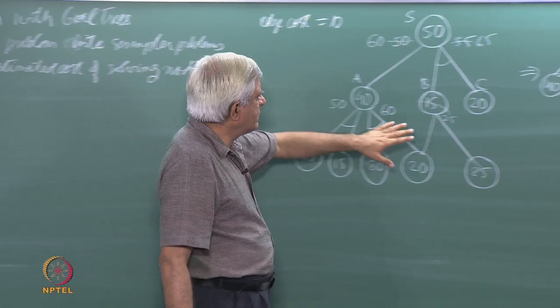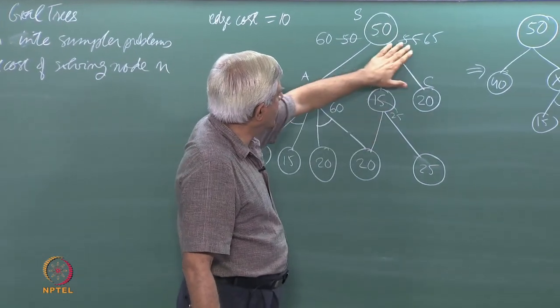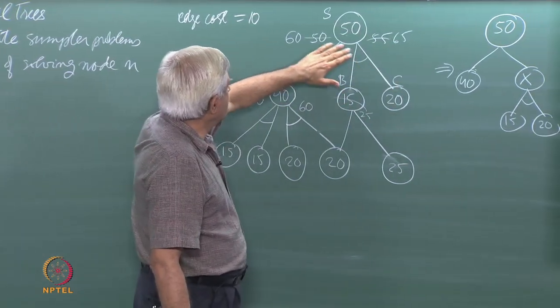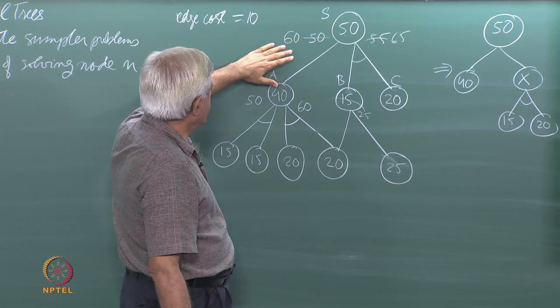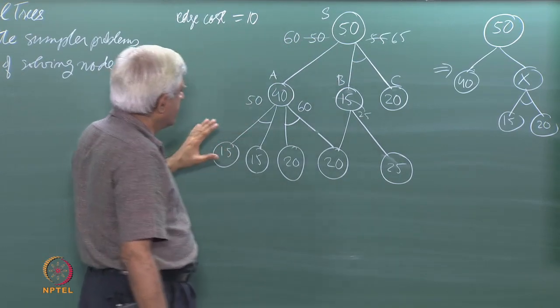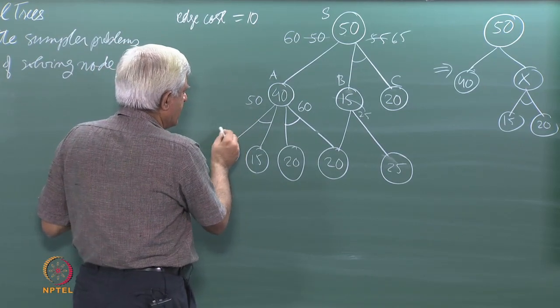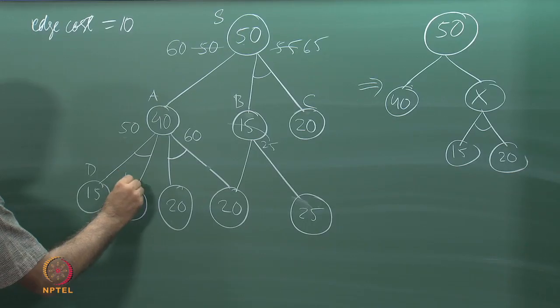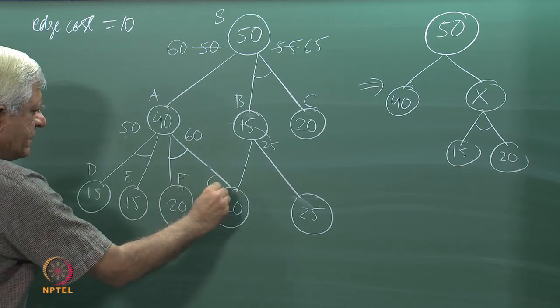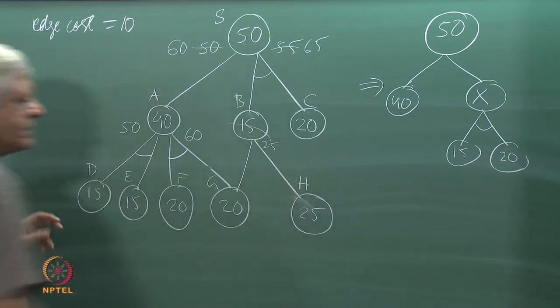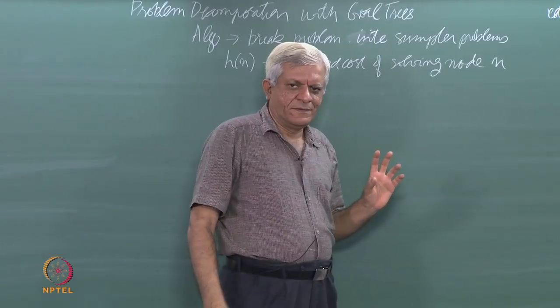So, see what has happened, this has now gone up to 65. So, we will shift our attention to this 60 and we will come down here. If I just name them, let us say D, E and F and G and H, what is the next node I should expand?